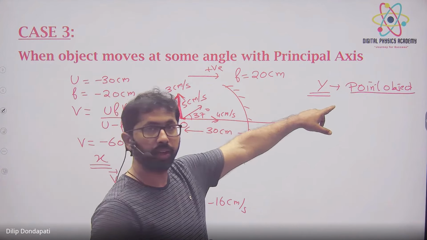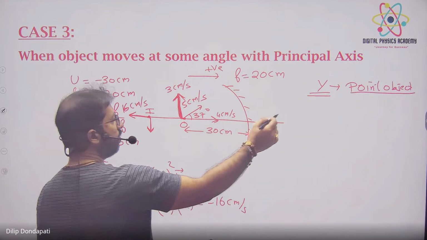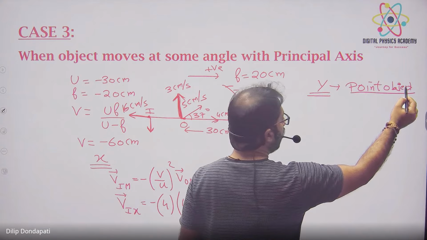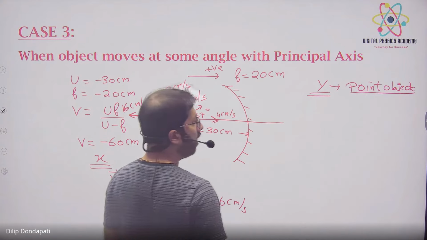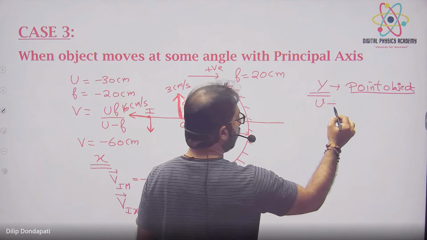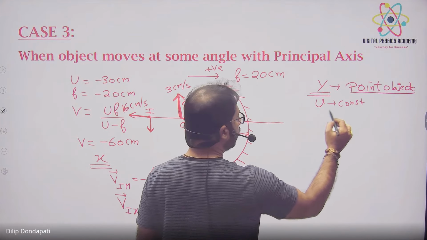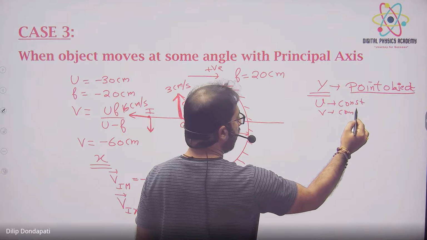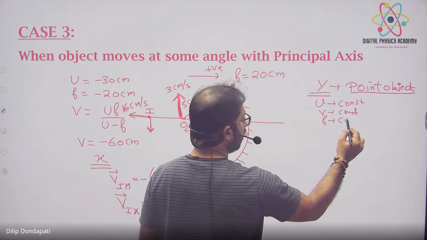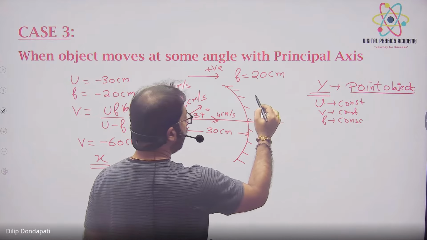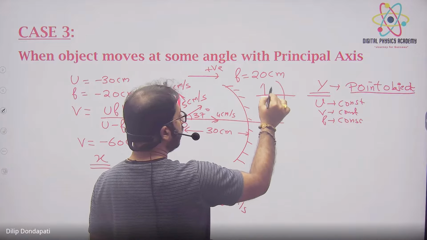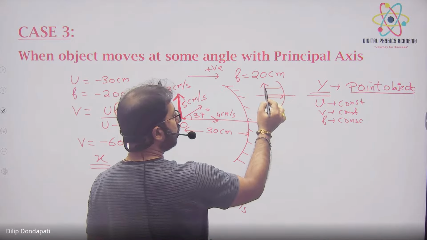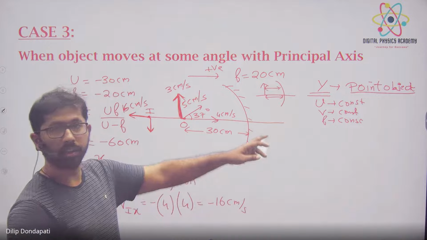Okay. Why? देखो. When we are deriving here in the second case में, we assumed u constant, v constant and f constant, right? So when the particle is going like this, देखो u constant है, v भी constant था, f is constant था, then only we got this formula.